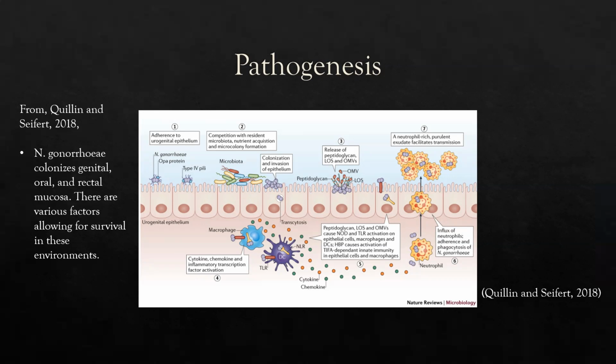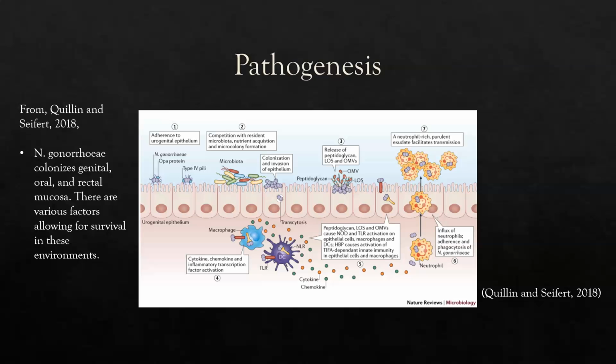Continuing on around step 3, we see that during these initial stages, our bacteria releases fragments of peptidoglycan and lipooligosaccharides, our LOS, and outer membrane vesicles, our OMVs. These LOS and OMVs then activate the toll-like receptors, our TLRs, and nucleotide-binding oligomerization domain-containing proteins, which we'll abbreviate as our NODs.